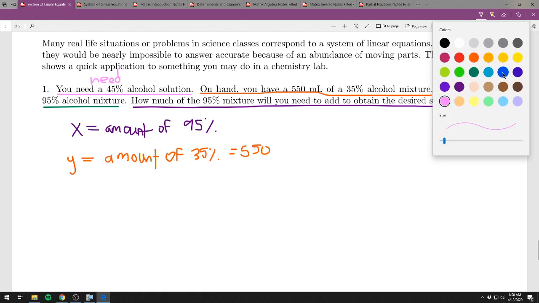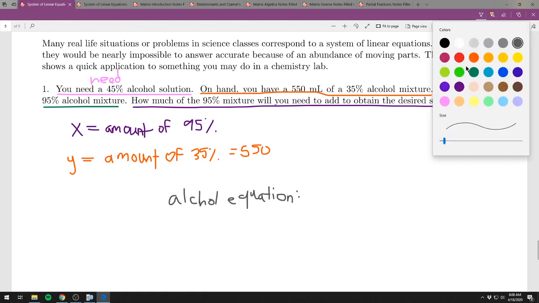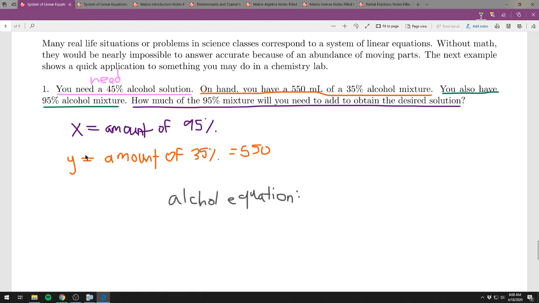Right, so the idea of the equation is this. Making an equation, you have an alcohol. Since we're dealing with an alcohol solution, you have an alcohol equation. And what that's going to tell you is the amount of alcohol that's in your final solution. Meaning the amount of the 35% solution that's alcohol.